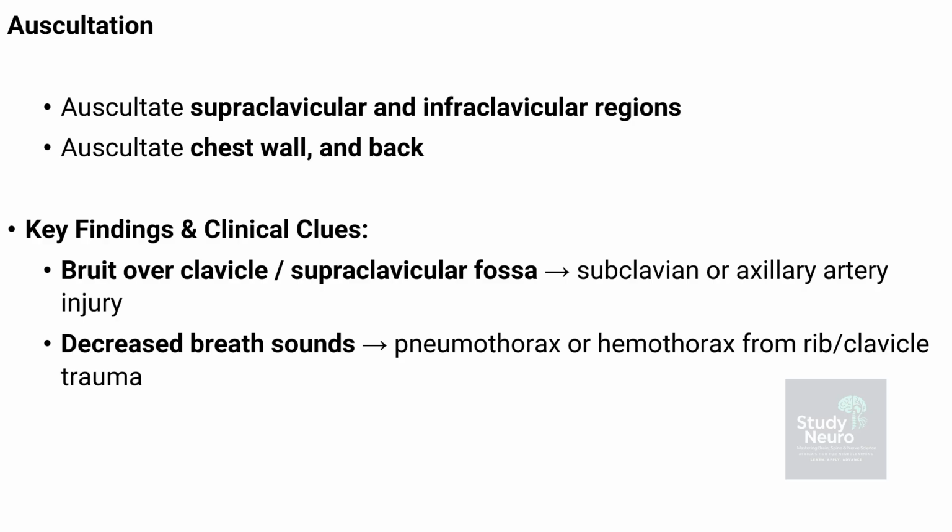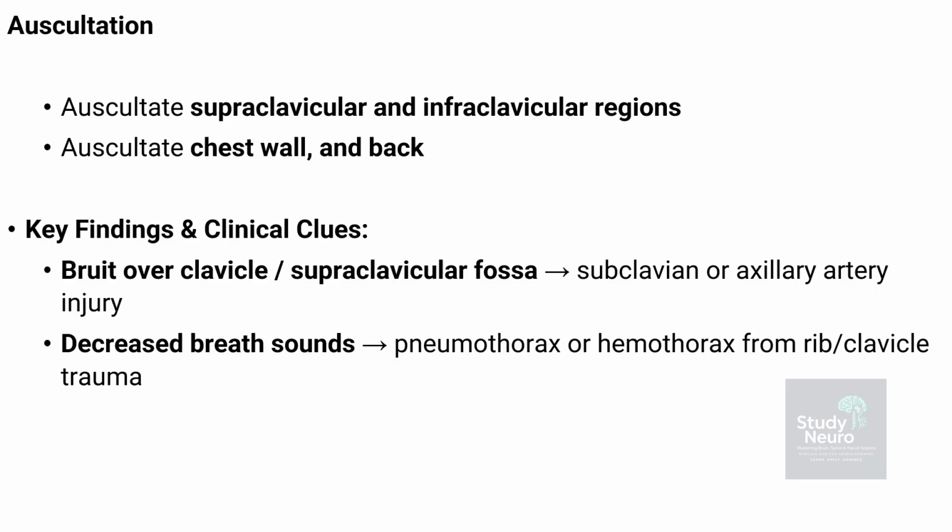Auscultation is an important final step when assessing patients with suspected brachial plexus or shoulder trauma. Begin by listening carefully over the supraclavicular and infraclavicular regions. Then, systematically examine the chest wall and the back. Pay close attention to key abnormal findings.